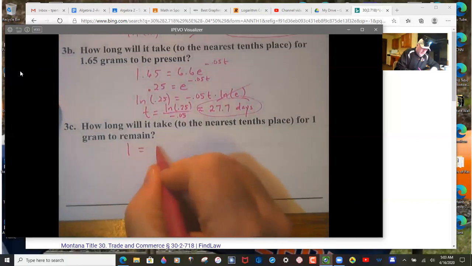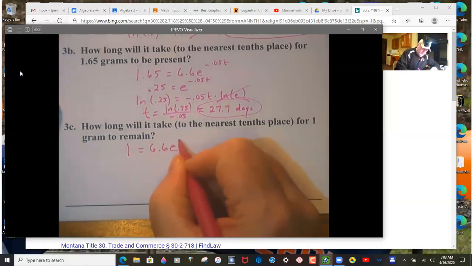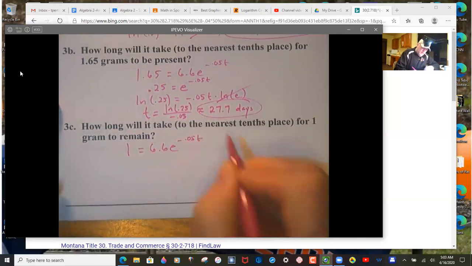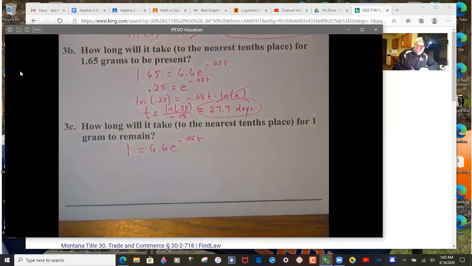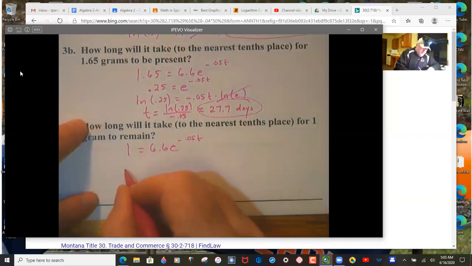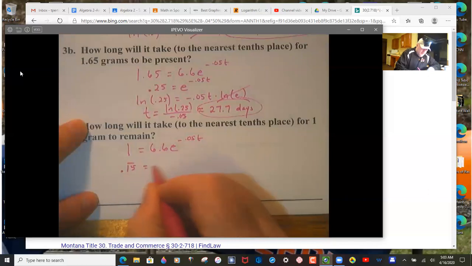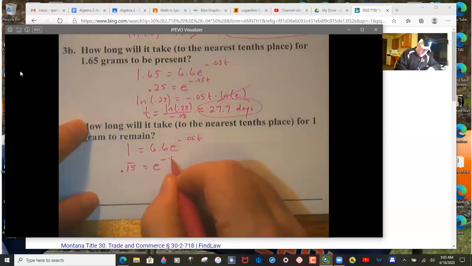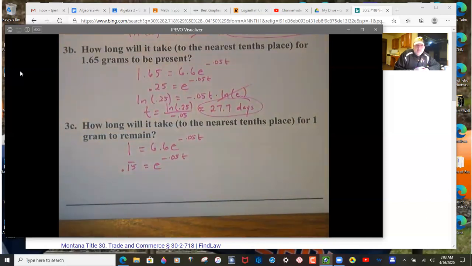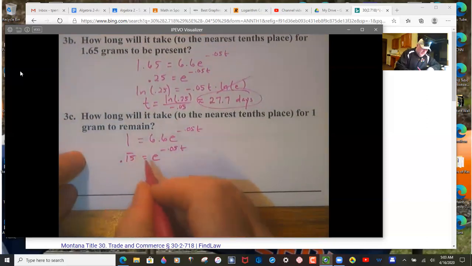All right, so 1 gram. We're going to do 1 equals 6.6 times e to the negative 0.05t. Then you're going to divide that through and work it out. This is 0.15 repeating. It's going to be goofy with some of the values that you get. Just go with it.